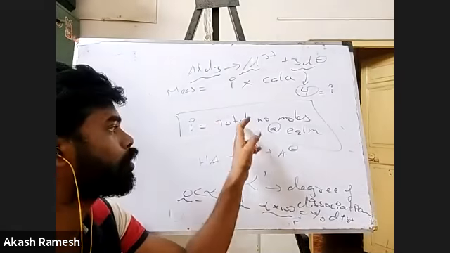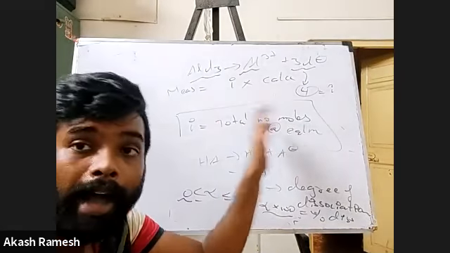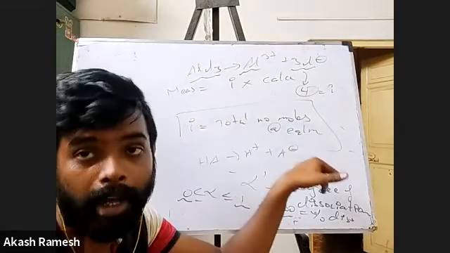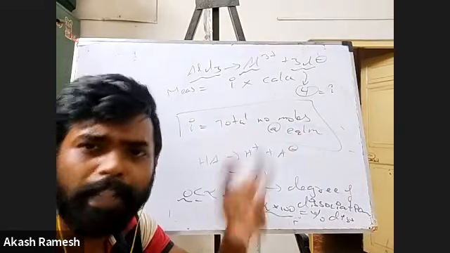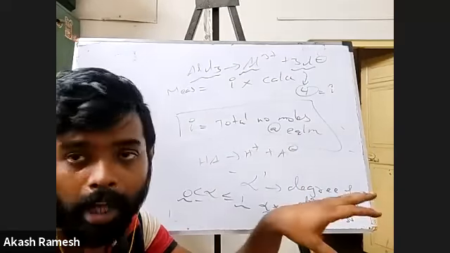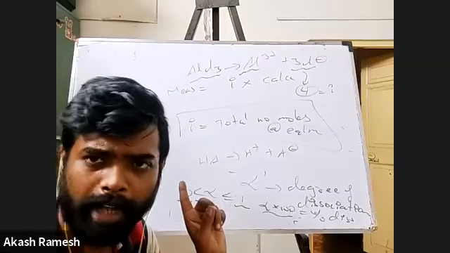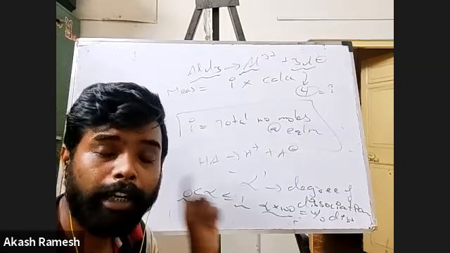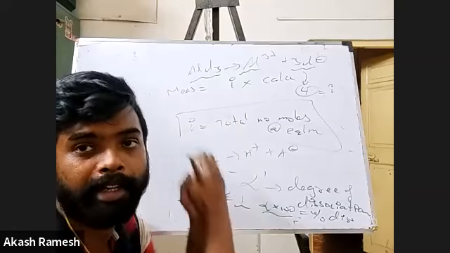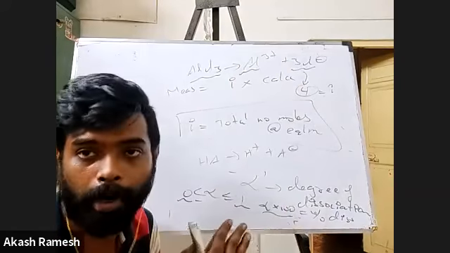i is equal to the total number of moles at equilibrium. When I say total number of moles, it is about the reactant as well as the product. Obviously, if the reaction is not 100% completed, there will be some amount of reactants also. If there is 100% completion, whatever be the amount of reactant, entirely it is going to go to the product.